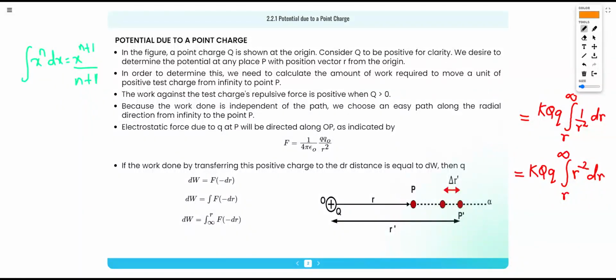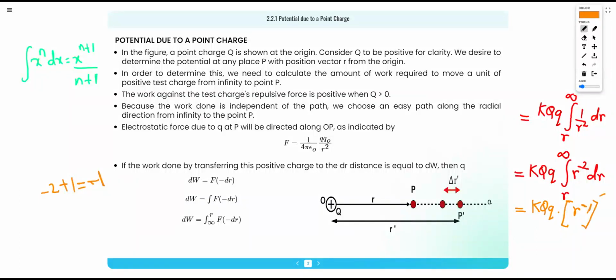So this will be equal to K q Q multiplied by r raised to n plus 1. What is n? Minus 2. Minus 2 plus 1 is minus 1. So I will get r raised to minus 1.